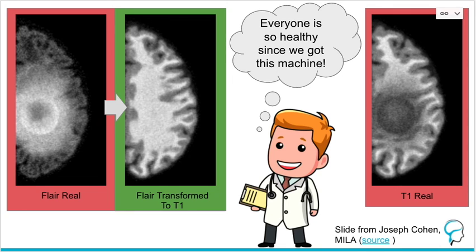This is somewhat of an exaggerated example of the type of features that might be removed. This is a synthetic data set, so the tumors are not actually real. They are injected in the brains themselves. So that's why I say it might be an exaggerated example.